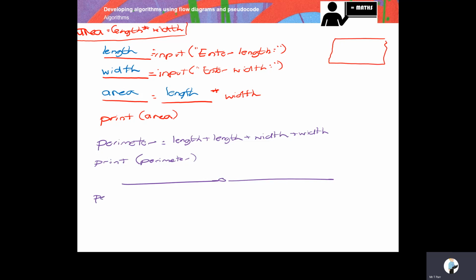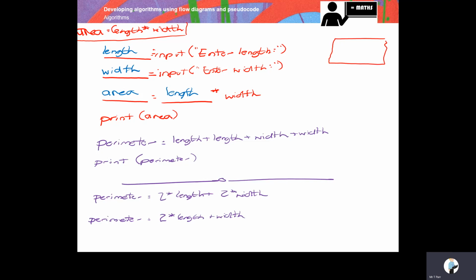You could have had perimeter is equal to 2 times length plus 2 times width. Or I'll do it the wrong way. Perimeter is equal to, I know some people might have done this, 2 times length plus width.